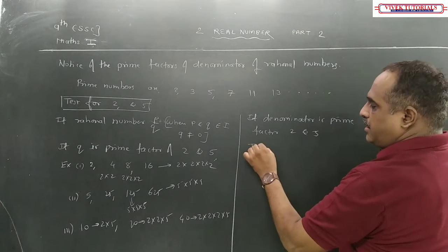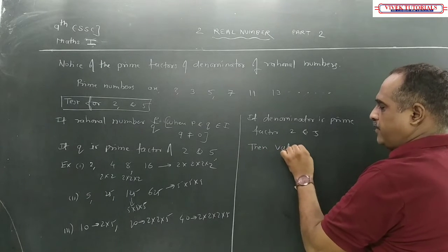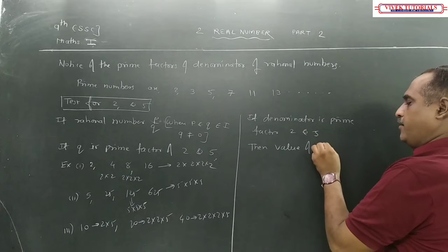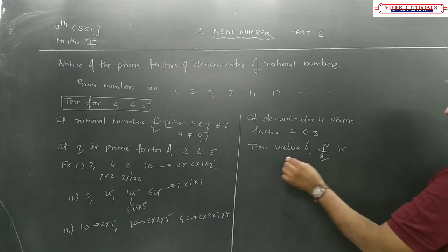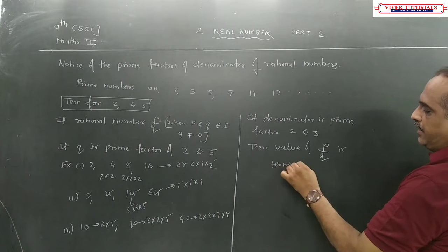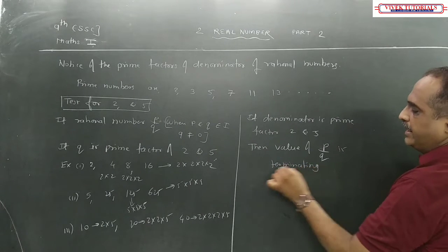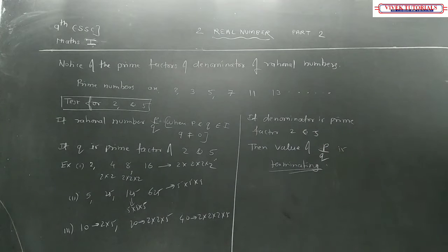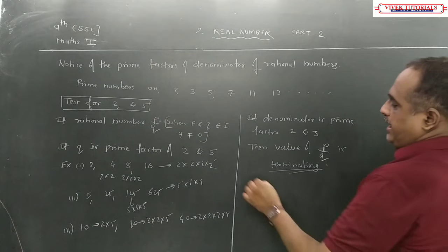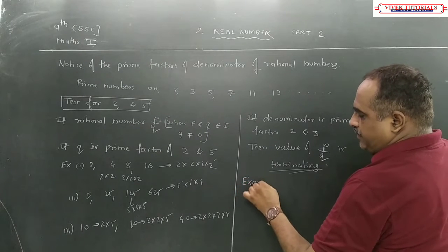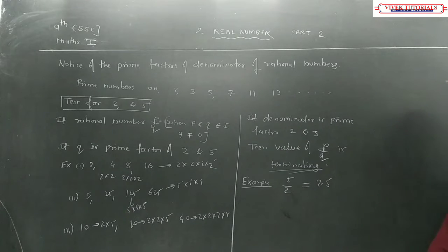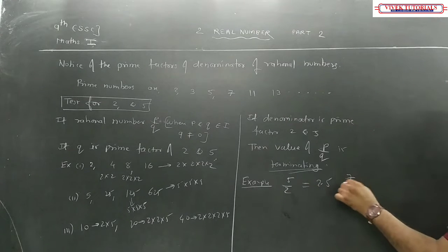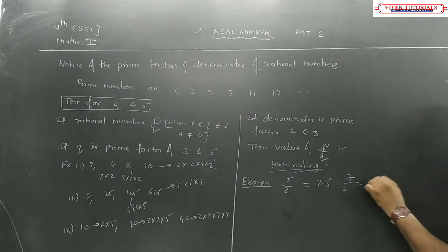Then the value of P upon Q is terminating. It has to be terminating. It will end. Let us take examples. Suppose 5/2 is there, 2.5. 7/2 is there, 3.5.